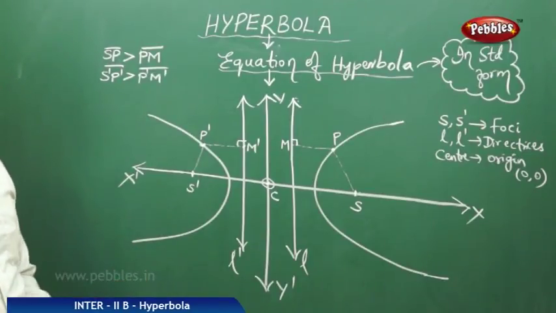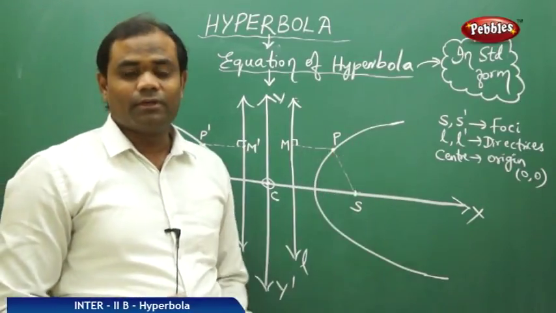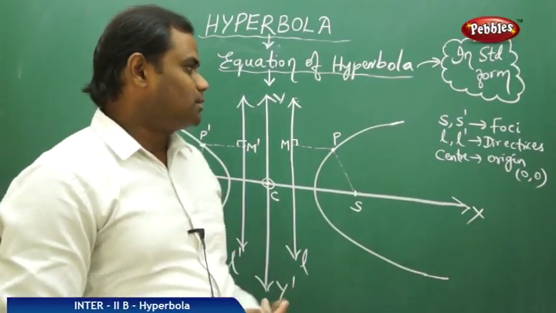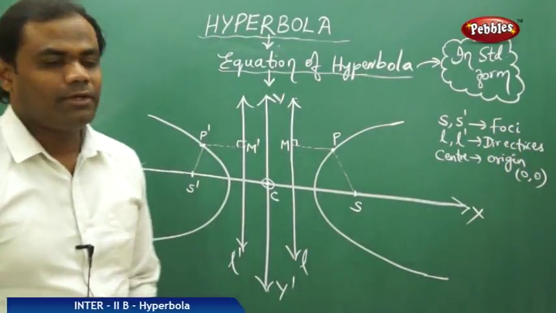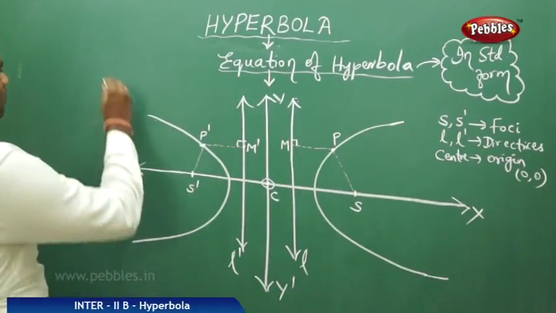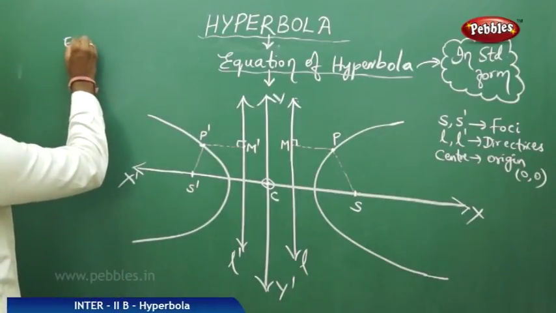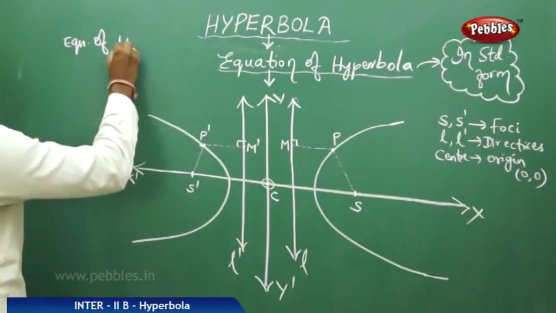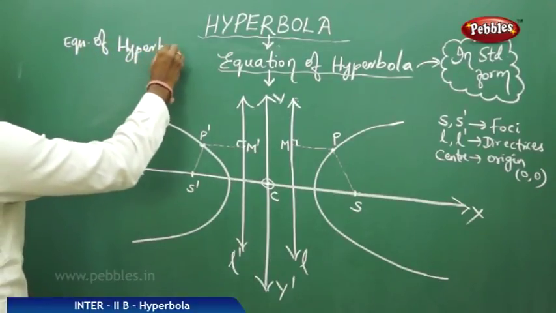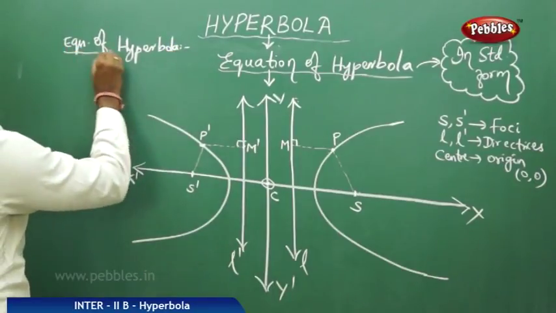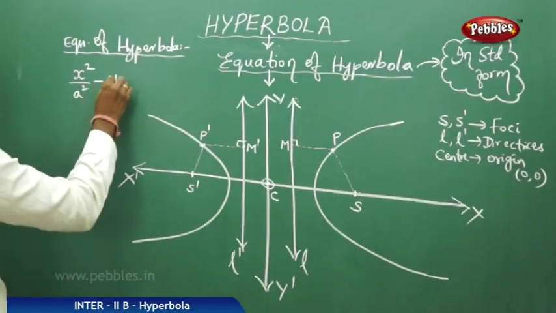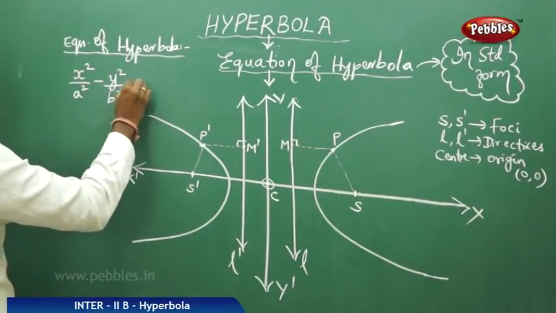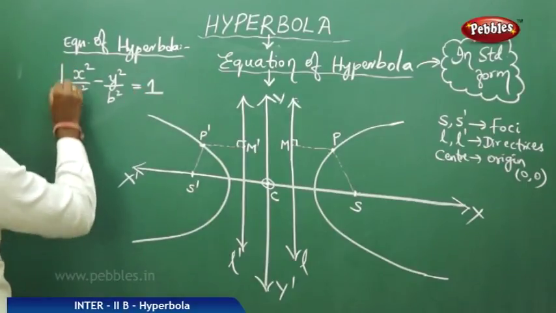So with this, let's define the standard form of the equation of the hyperbola using the basic information of foci, directrix, and origin. Here, the equation of the hyperbola is given by x square by a square minus y square by b square equal to 1.